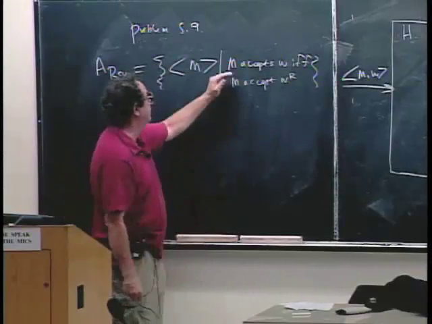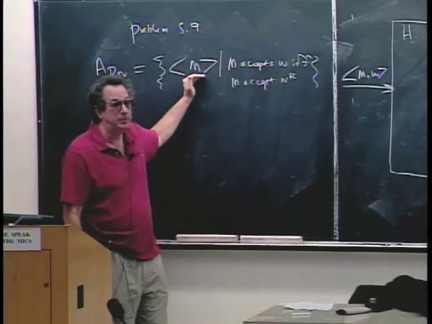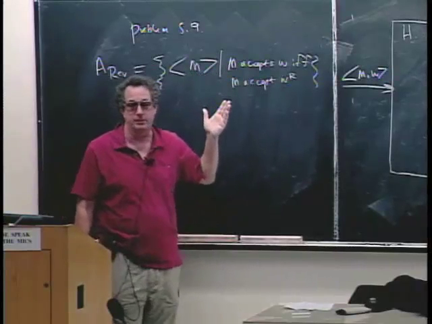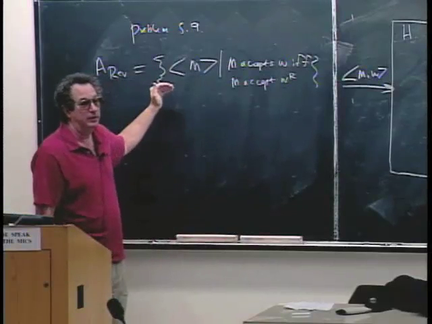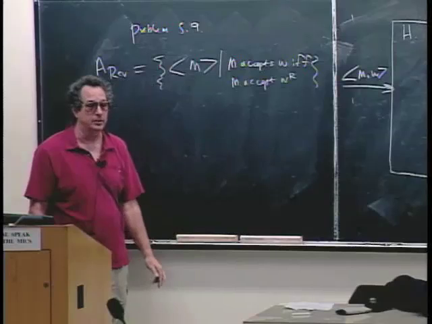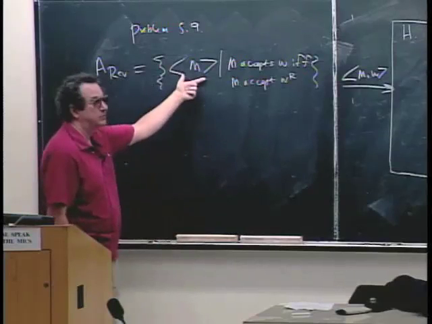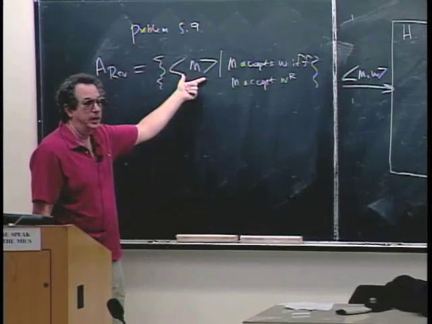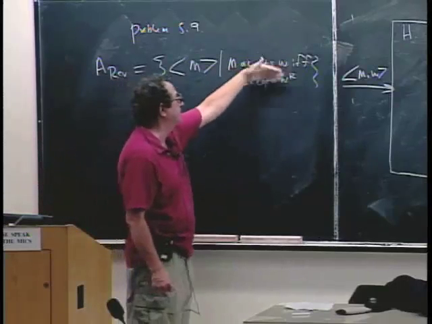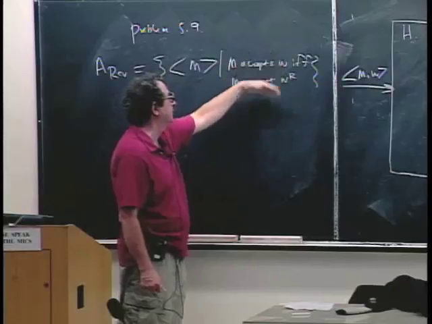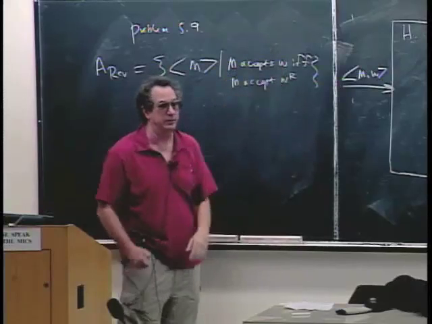Okay? So some Turing machines have that property, some Turing machines don't have that property, right? We want to know, is this language decidable? That means, is there a Turing machine which can take in a description of another Turing machine and decide whether or not M accepts whatever string it accepts, it will necessarily accept the reverse.